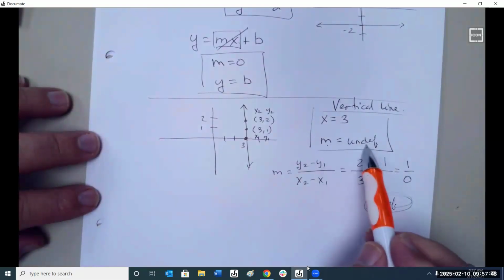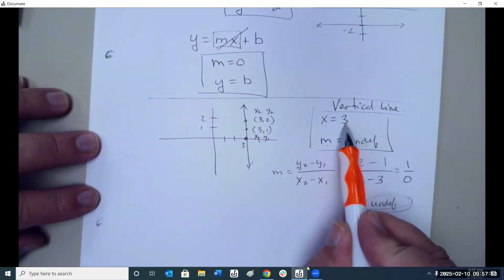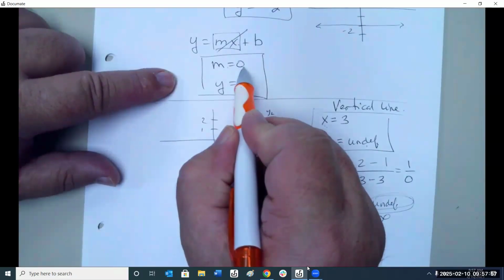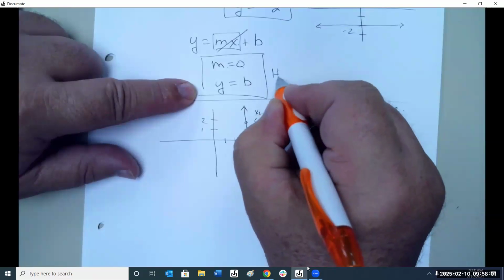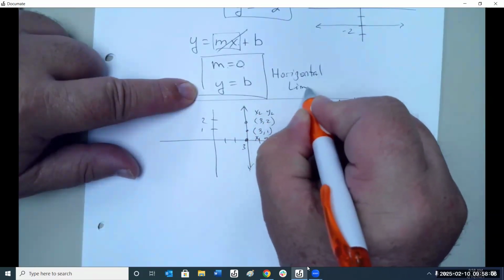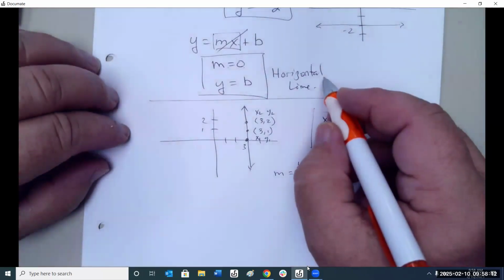So if your slope is undefined, then your equation is simply going to be x equals wherever it crosses the x-axis. It's a vertical line. If your slope equals 0, the equation is simply where it crosses the y-axis, and this is a horizontal line. Let's go further. What does this mean?